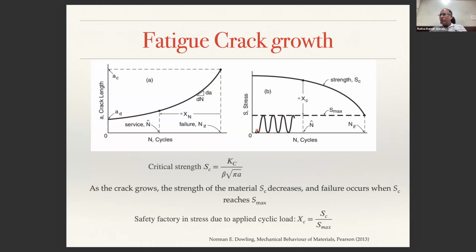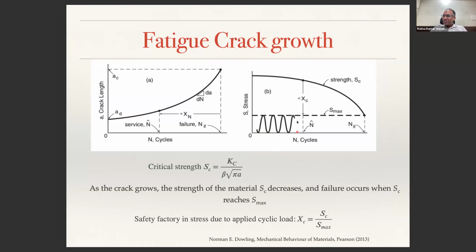If you look at this, the stress is cycling, right? This is what we call delta sigma. Delta K will be delta sigma root pi A, because K is sigma root pi A. That means the stress intensity factor range will be delta sigma root pi A.